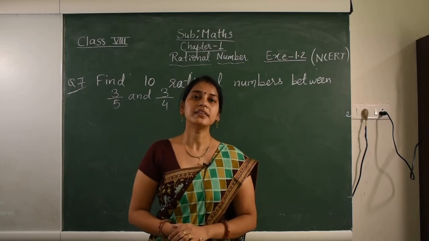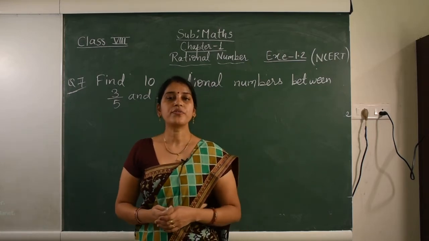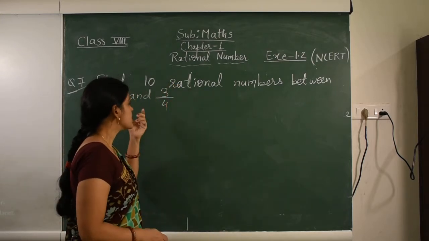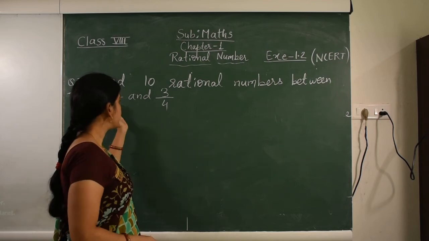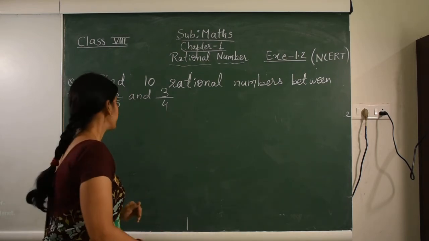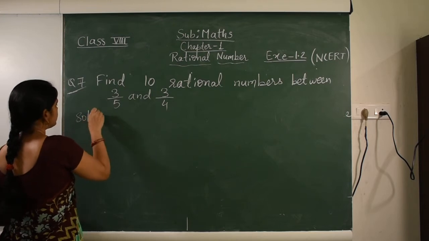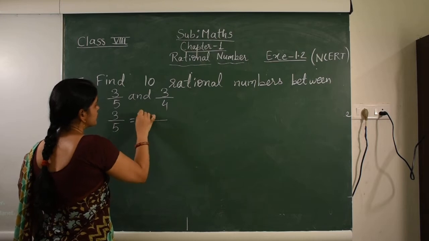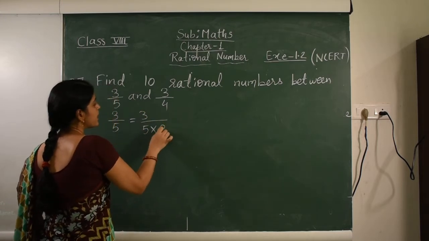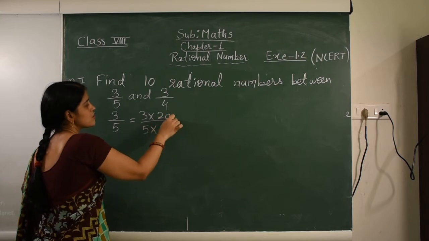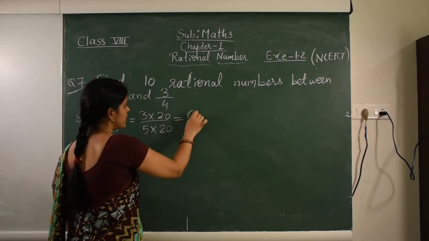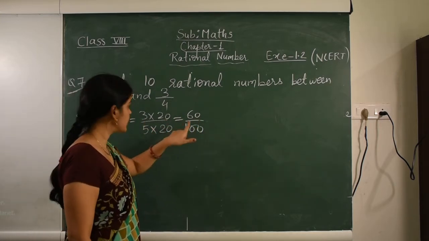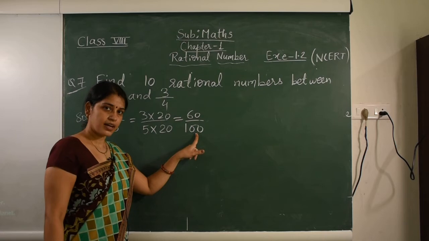Now I am explaining the second method. Here also we are making their denominators the same, but here you can choose a number so that the denominators become the same directly. For example, 3 upon 5: 5 is multiplied by 20 and 3 is also multiplied by 20. So we get 3 into 20 is 60 and 5 into 20 is 100.